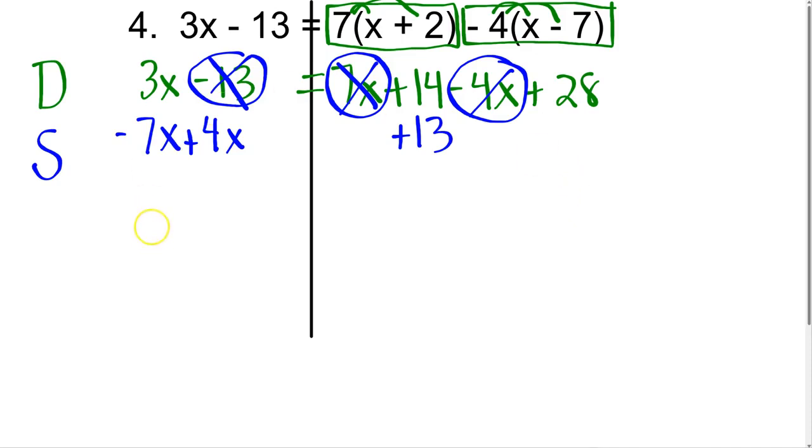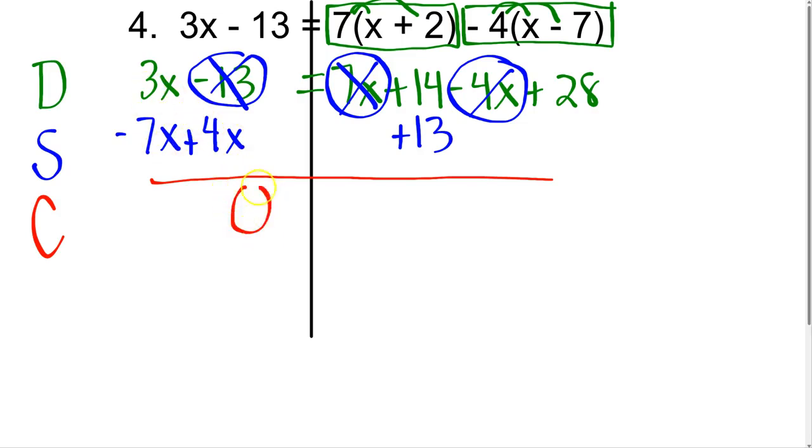And now I can combine my like terms. C for combine. So I'm going to put together my like terms. 3x minus 7x is negative 4x. Negative 4x plus positive 4x will give me 0. So our variables canceled out, right?